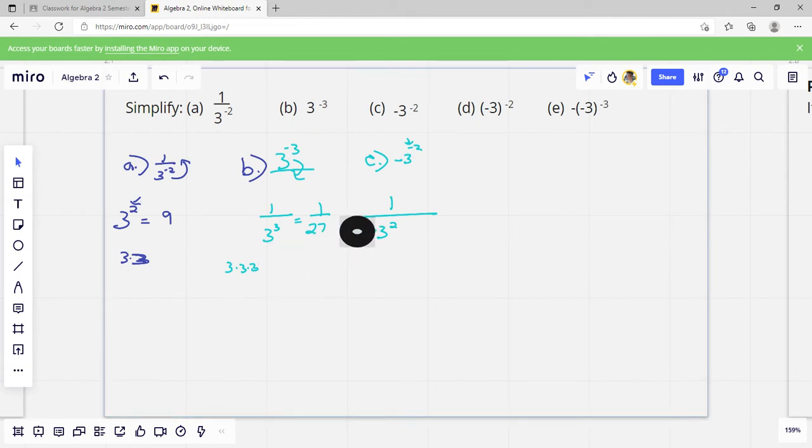So we're going to pretend the negative sign's not there. So that would be 3 times 3, which equals 9.